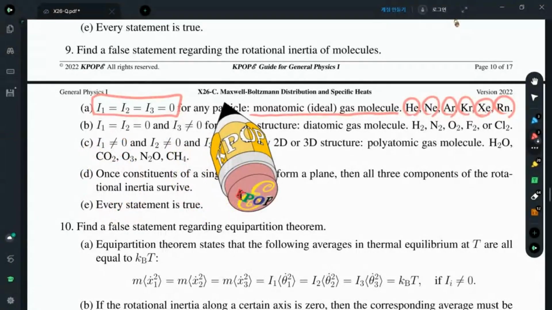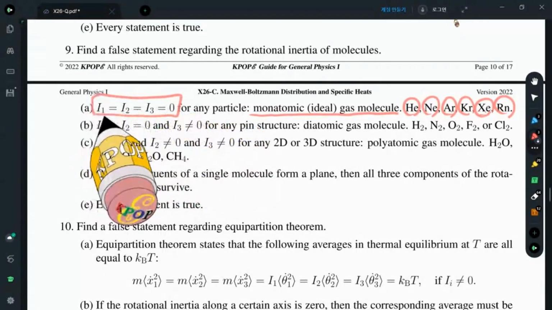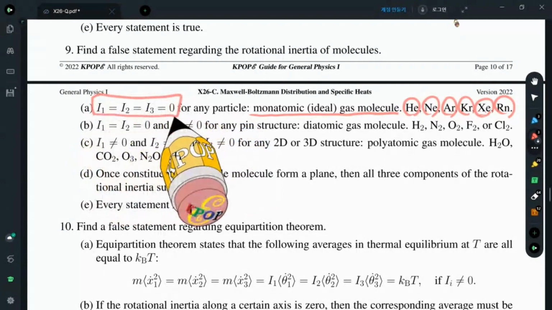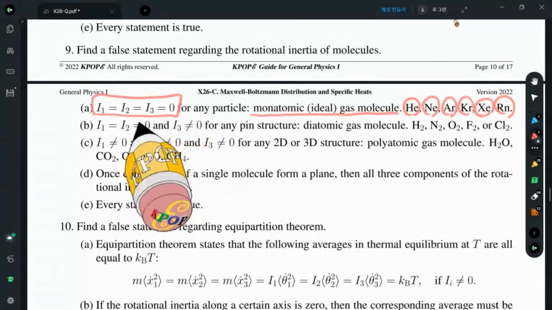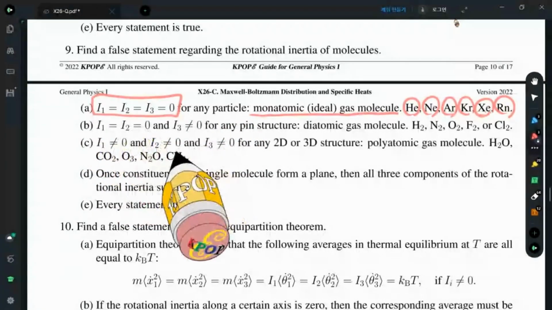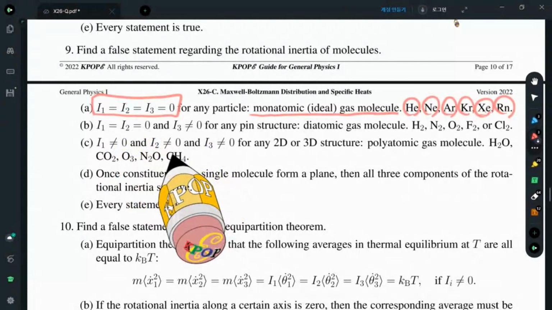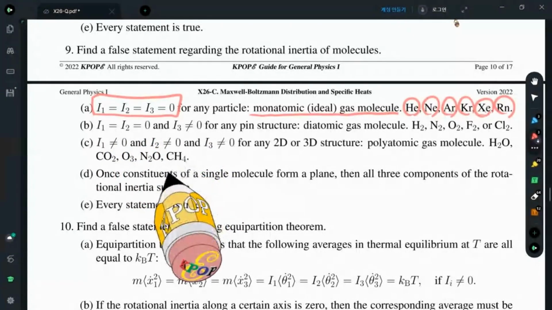Relatively, it can be approximated as a point particle, so that it cannot rotate. Even though it rotates, it does not contribute to the rotational kinetic energy at all. So the XYZ axis rotational inertia must vanish.